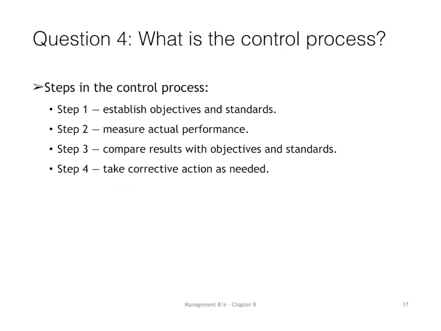So in the control process we have 4 steps here. Firstly, step 1, we have to establish objectives and standards of the organization. And then secondly, we have to measure the performance. And then we have to compare results with objectives and standards. What do we compare?